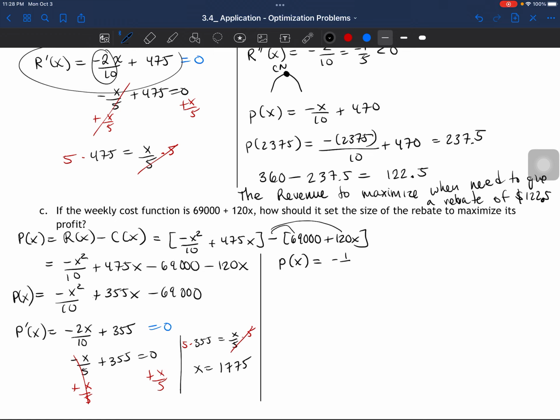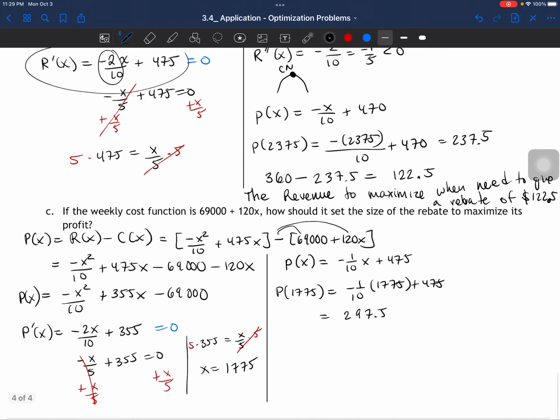So we know that the price function is negative 1 over 10 x plus 475. So now if we replace x with 1,775 in here, we compute that, and that's going to give us 297.5.